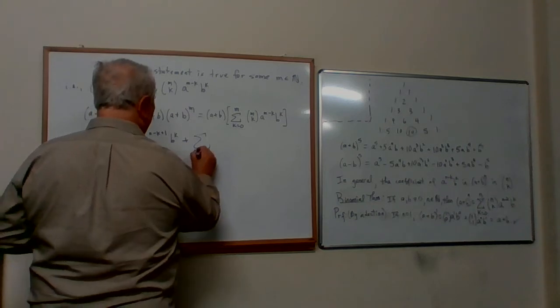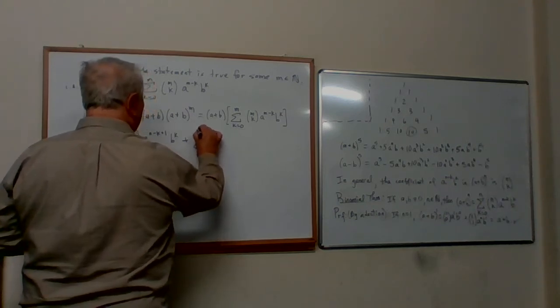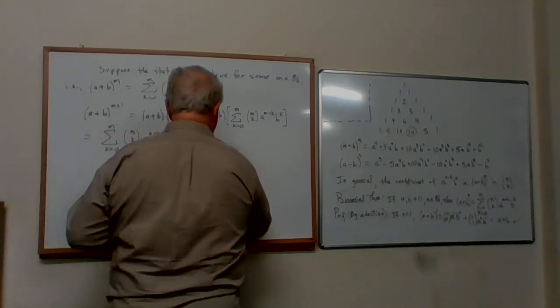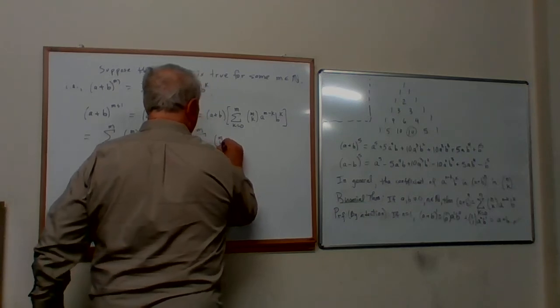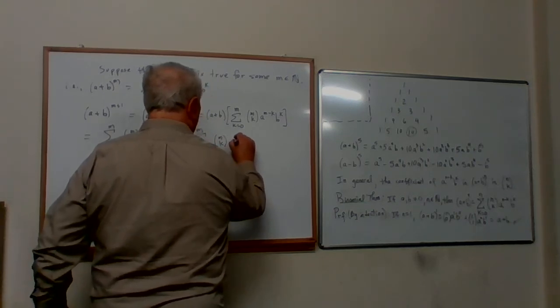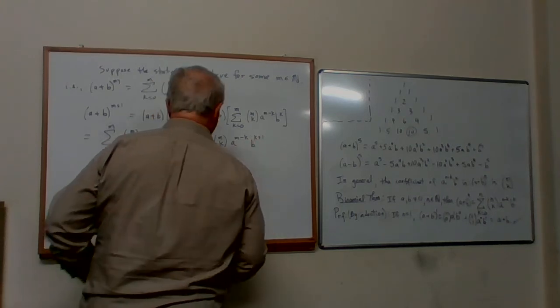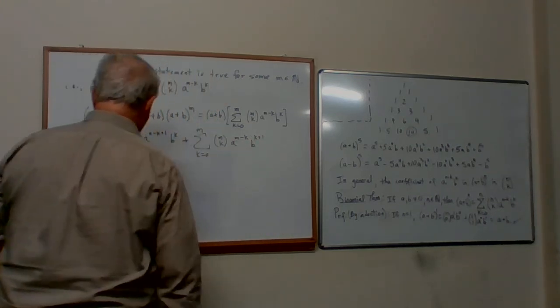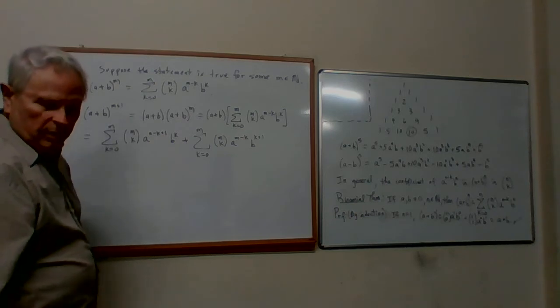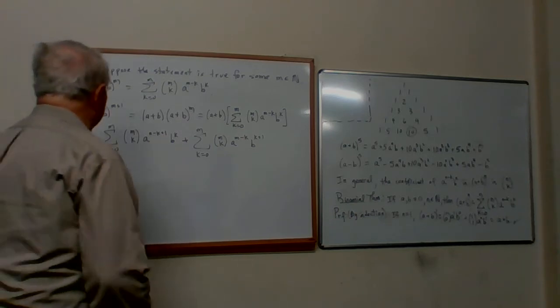So this is the sum from k equals 0 to m of m choose k, a to the m minus k, b to the k plus 1, because now I've pulled the b in. So I've got the sum of those two sums. Okay?